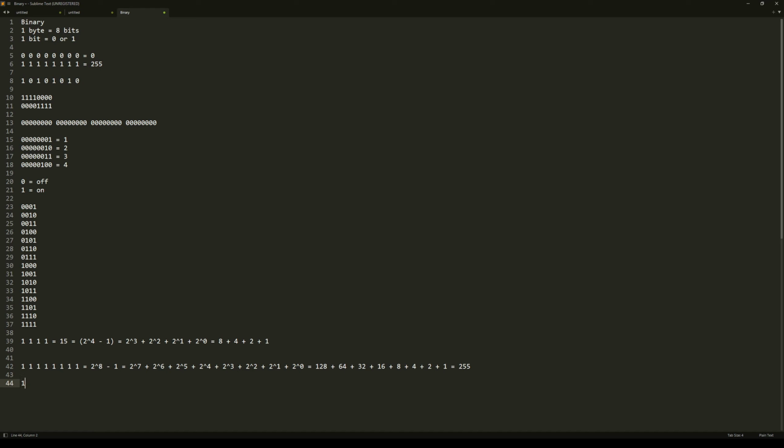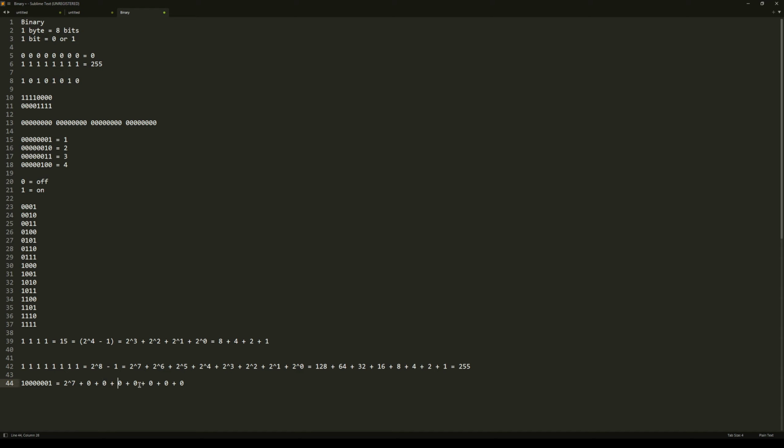You can of course do 1, 0, 0, 0, 0, 0, 0, 1, which will equal 2 to the power of 7 plus 2 to the power of 0. Actually just 0. Plus 0 plus 0 plus 0 plus 0 plus 0 plus 0.